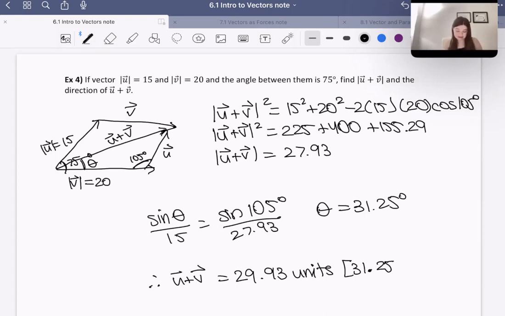I'm going to say it's east, 31.25 degrees to the north. And there we have it.